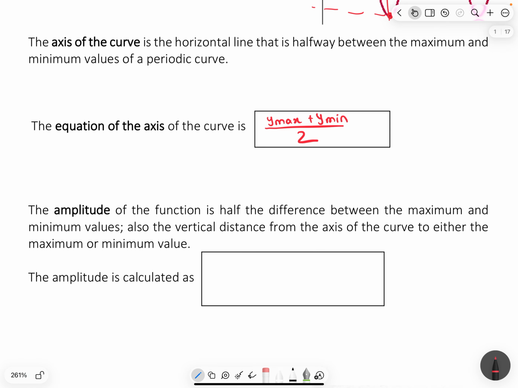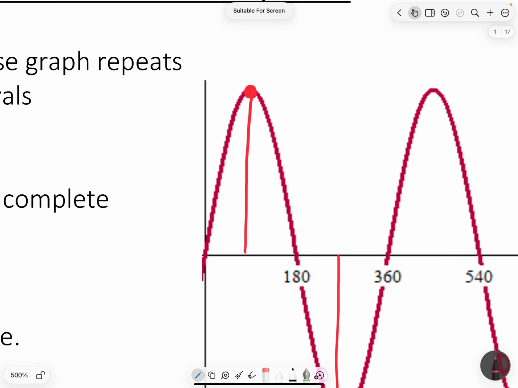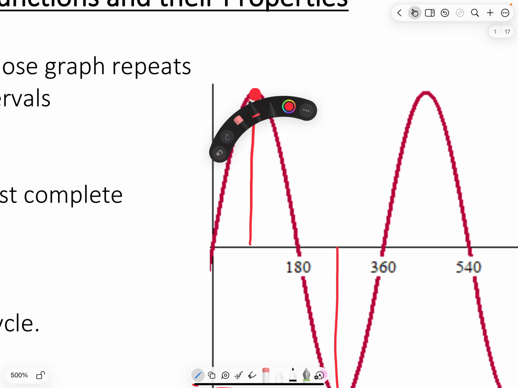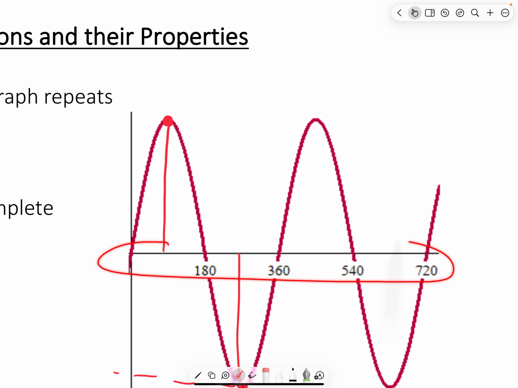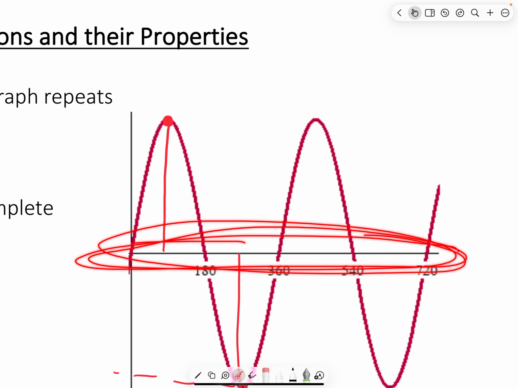Now we get to the amplitude. Over here we mentioned that whichever line is exactly between your sine function is going to be the axis of the curve.